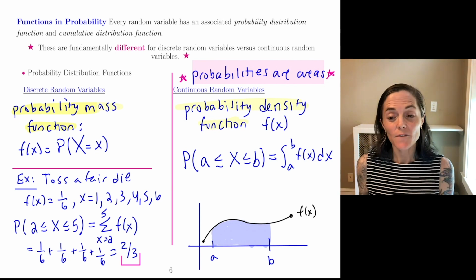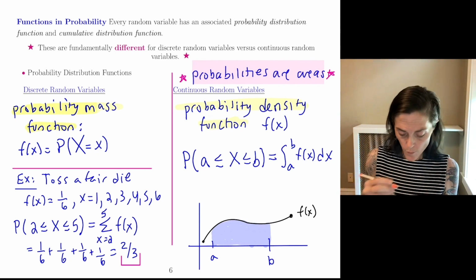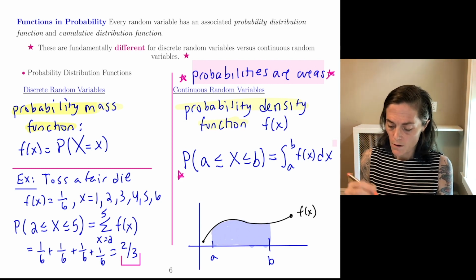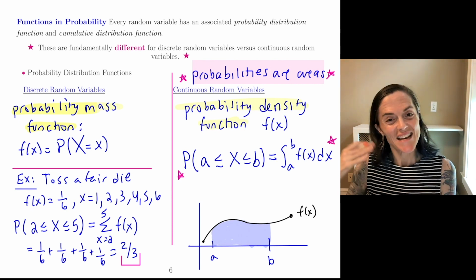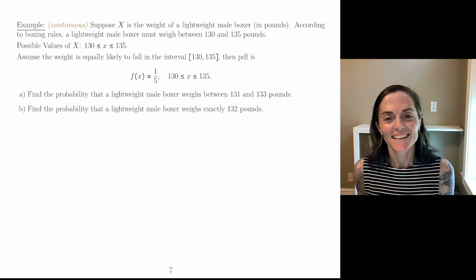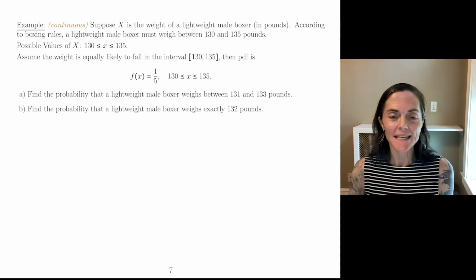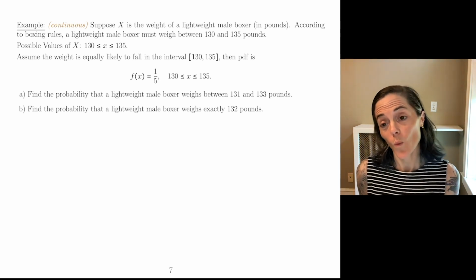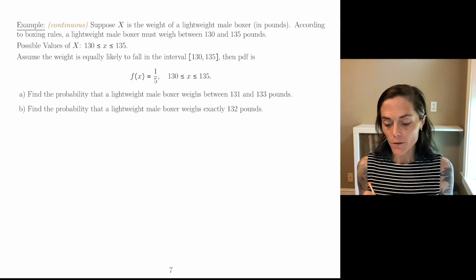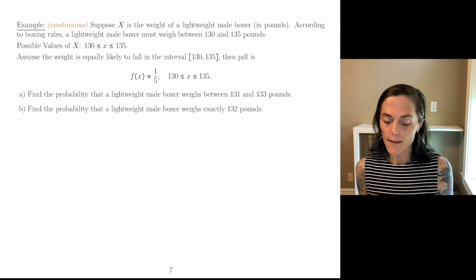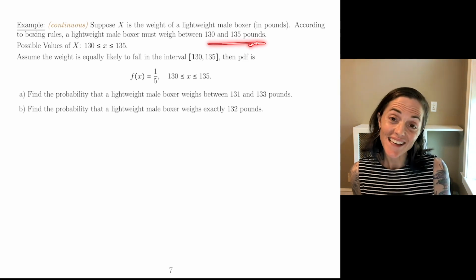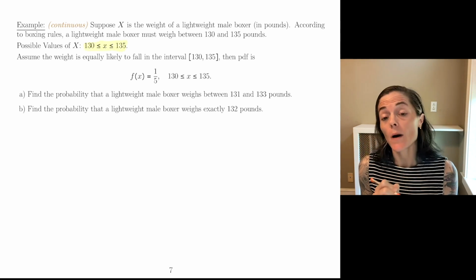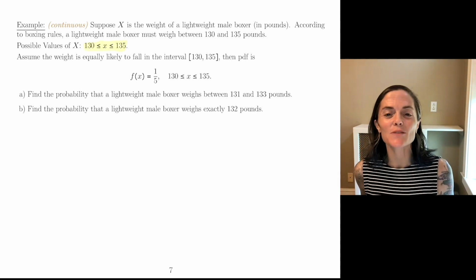All right, we've done a few examples of a discrete random variable. Let's do one where we look at a continuous random variable, but let me put stars around this. Very, very important. As an example, and this is what I mentioned when I introduced continuous random variables, let's suppose X is the weight of a lightweight male boxer in pounds. And the rules of boxing say that this weight is between 130 and 135 pounds. So we see the possible values of this random variable.